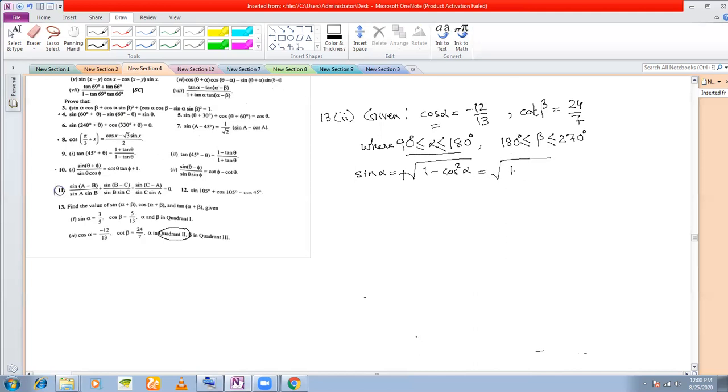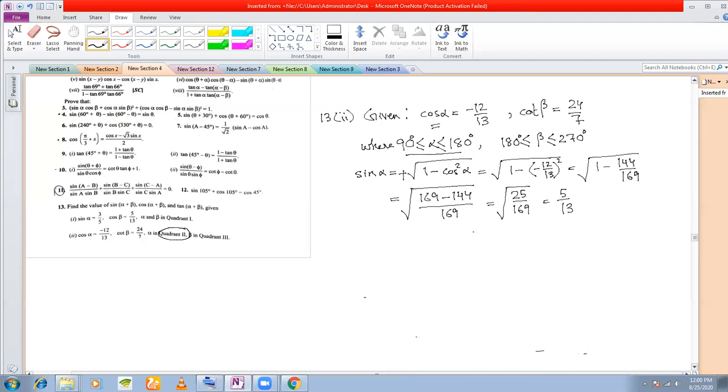Root 1 minus minus 12 by 13 square, 1 minus 144 by 169, 25 by 169, which is 5 by 13.